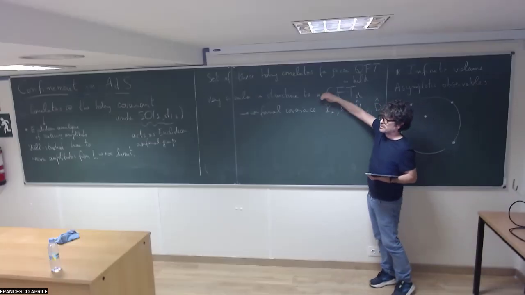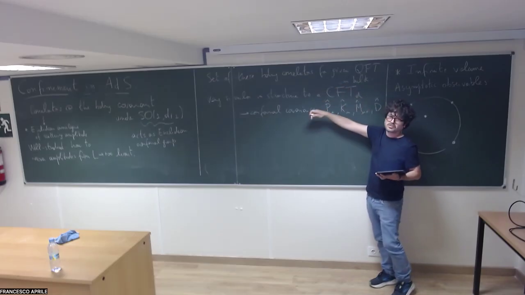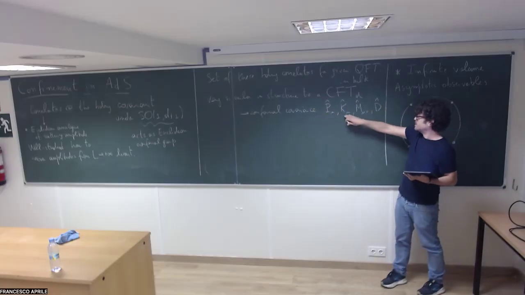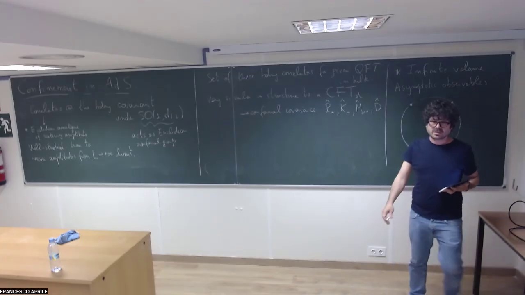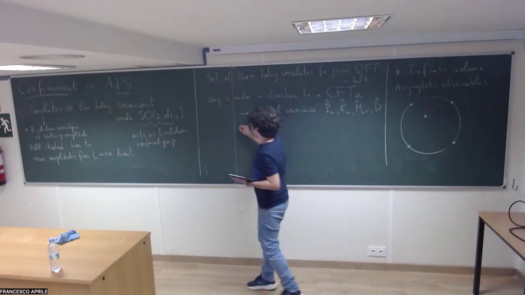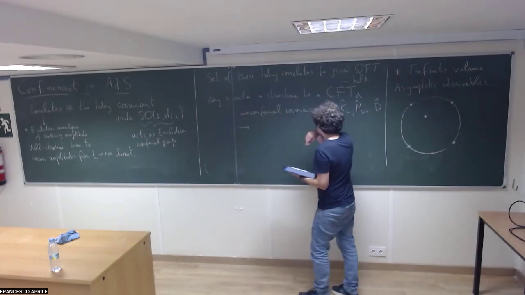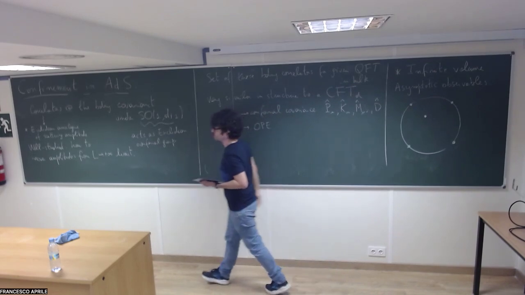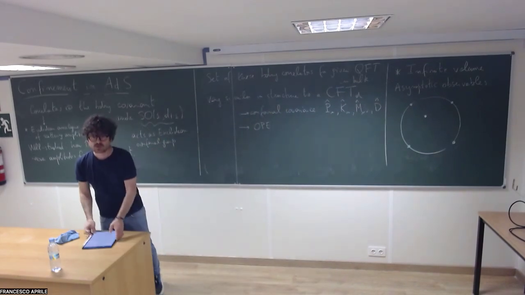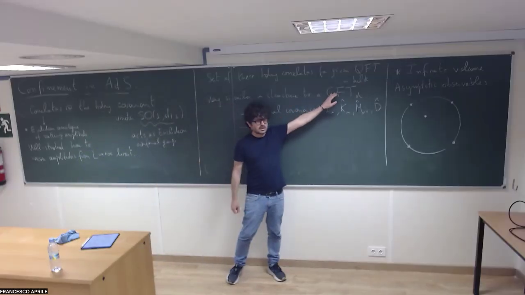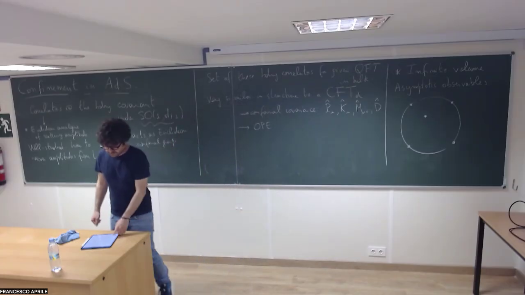I will not do a review of conformal field theories in this class, but we also don't need a lot of details. The basics are that we have these symmetries: translations, special conformal transformations, rotations and dilatations. Then another thing is that there is an operator product expansion that converges between these boundary operators, exactly like you would do in a conformal field theory in d dimensions.